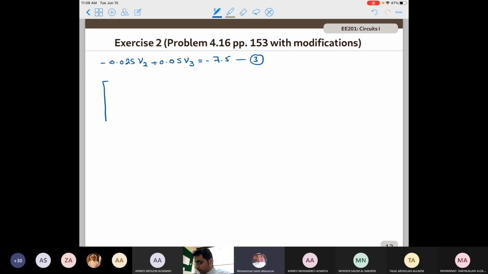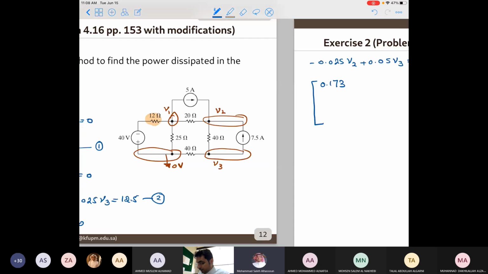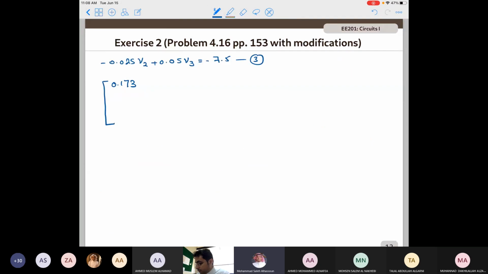So now I need to invert the matrix. So just fill in the coefficients. The coefficient from the first equation for V1 is going to be 0.173. For V2, minus 0.05.